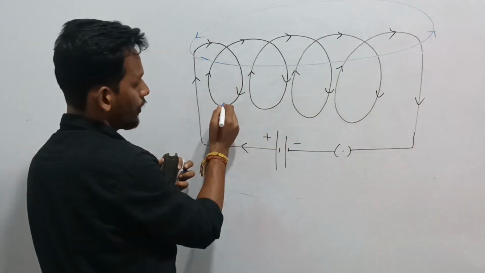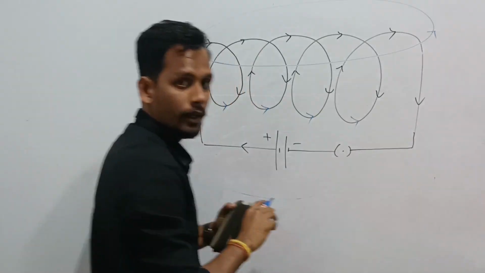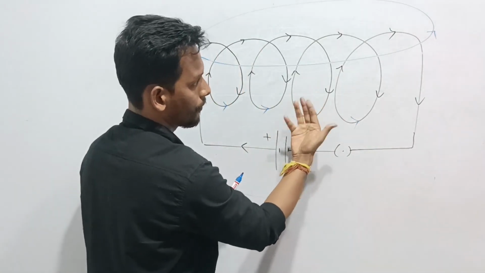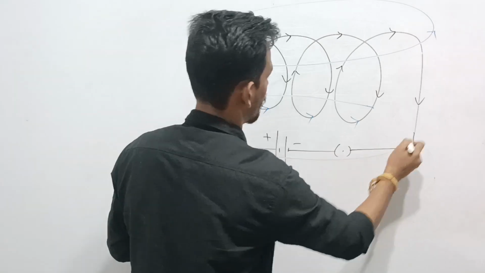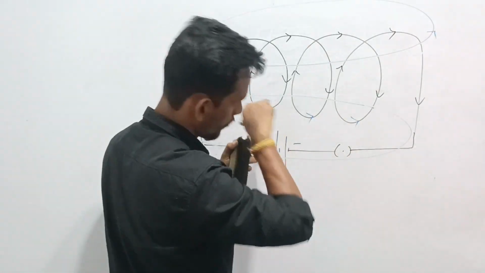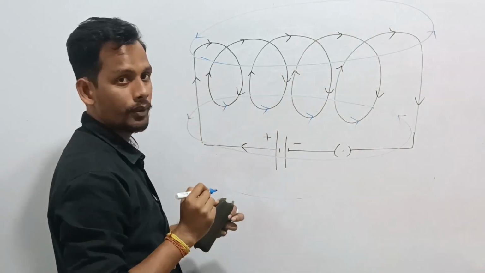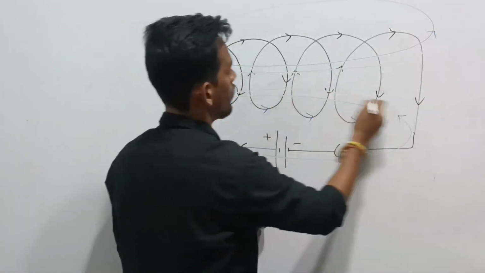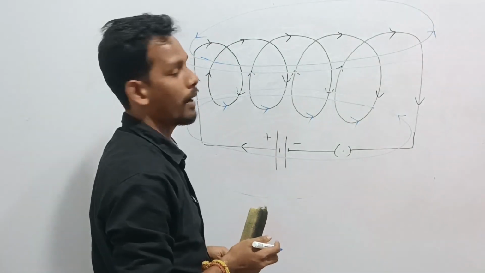Here also, the direction of current is like this. If you hold the conductor here, then also this direction. So here infinite number of circles will be there, circular paths will be there. This path will be the direction of the magnetic field.